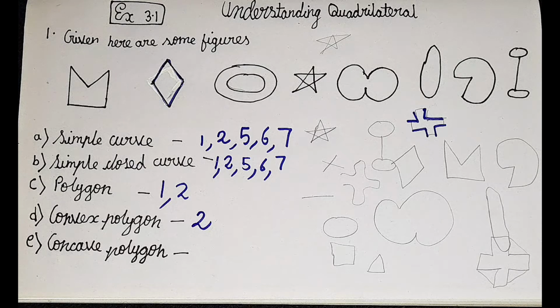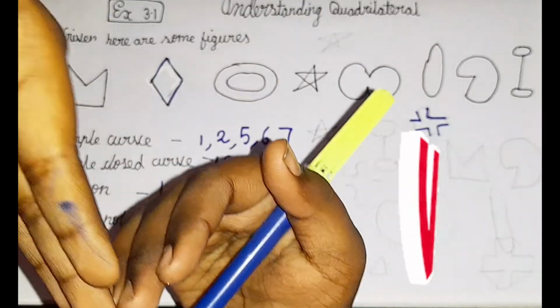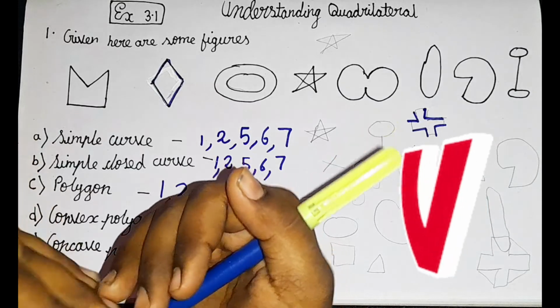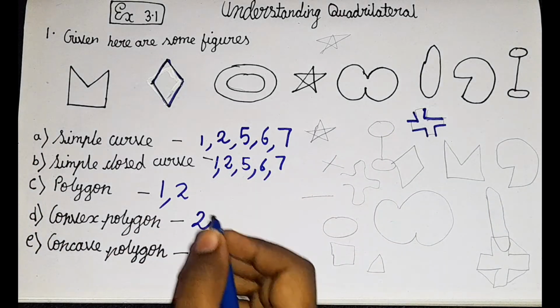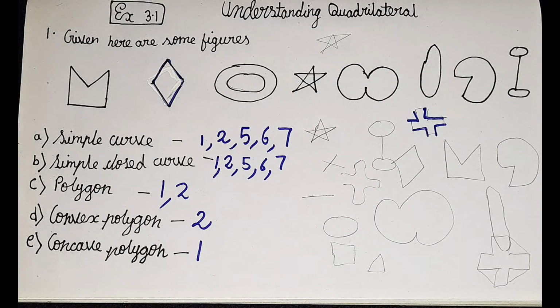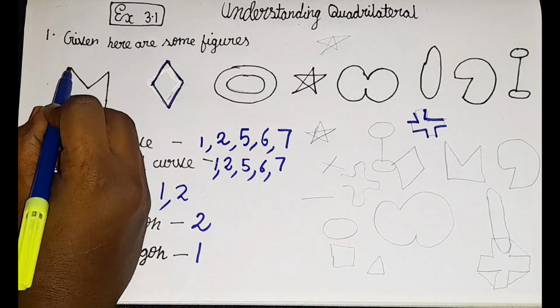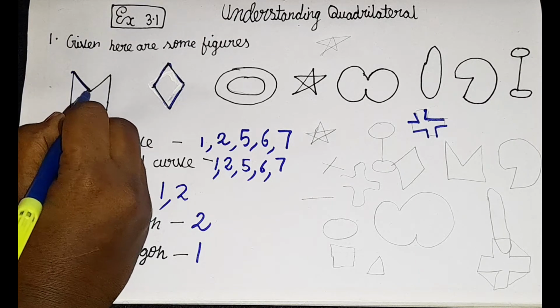And our next one is the concave polygon. In this, our concave polygon is the first one because it's going inwards like a V, okay, like this it's going inwards. So the first one is a concave polygon. You guys might have a doubt. I told this is a concave polygon, am I right? Of course this is a concave polygon because it's going inside like this.